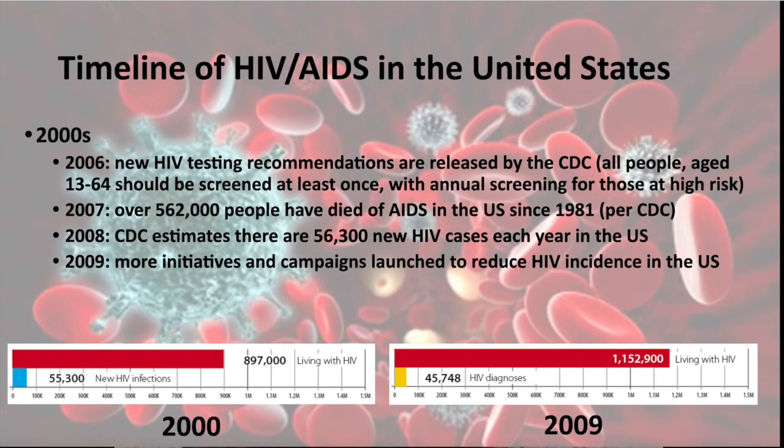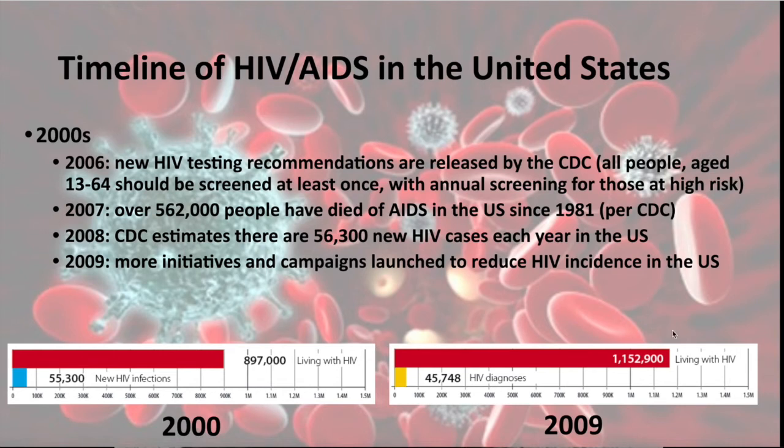In 2007, over 500,000 people have died of AIDS in the United States since 1981, according to the CDC. In 2008, the CDC estimates that there are 56,300 new HIV cases each year in the United States. And then 2009, more initiatives and campaigns are launched to keep trying to reduce the cases of HIV in the United States.